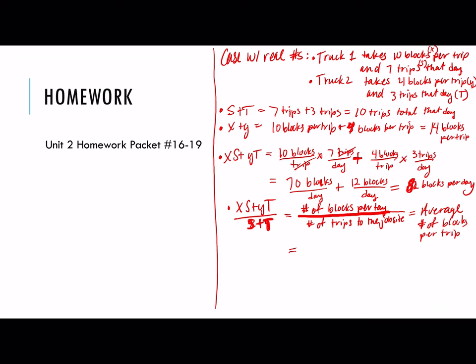So using our numbers, we have 82 blocks per day divided by 10 trips, and that's equal to 8.2 blocks per trip. The trips per day will cancel.